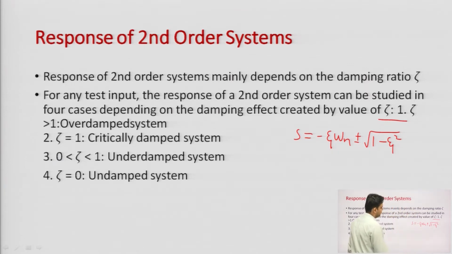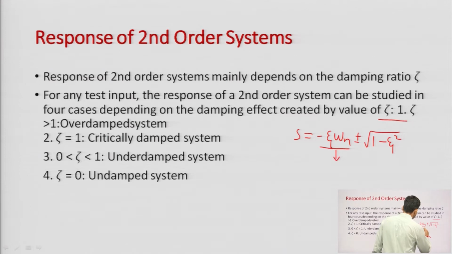We had obtained this expression where minus zeta omega n was the actual damping, and we had given a new term, with j, it is omega d.